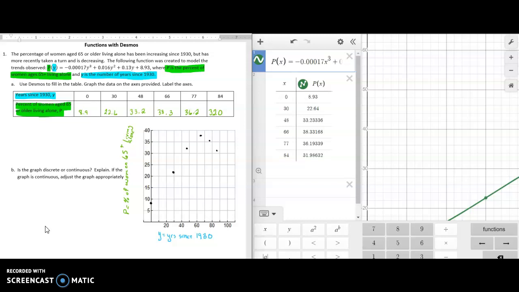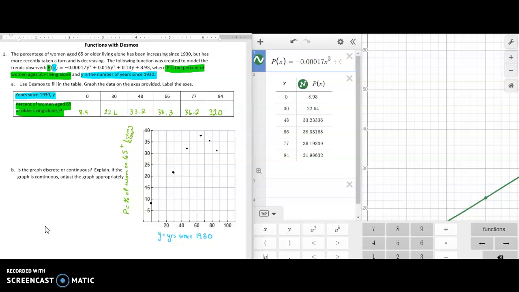So again, discrete and continuous is determined based on whether or not we can have partial units or fractional units that make sense. So is it possible to have years broken down into reasonable units? Sure, we have months and days. Can the percent of women be partial? Can we have part of a percent, or do they have to be all whole percents? Well, from our numbers, we do know that we can always have part of a percent.